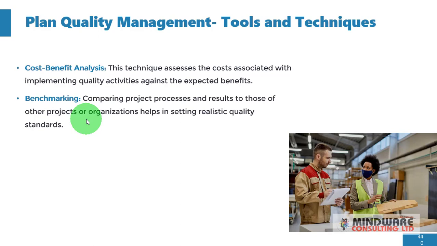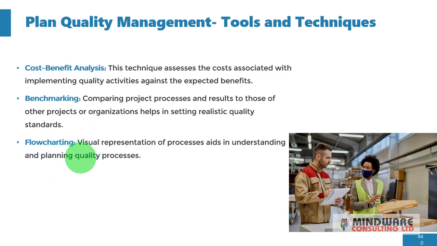So you're going to have to do this benchmarking to ensure that you are setting realistic quality standards. You are not doing something that is extraneous or out of this world.